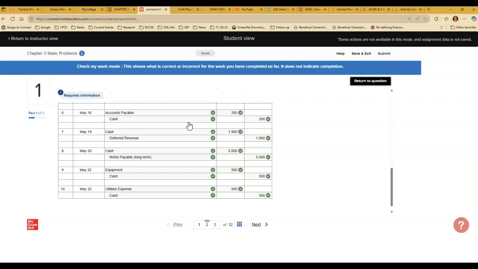Notes payable. What's going on with this notes payable every month? We're not paying anything monthly. Remember, this is a long term. This is what we call a balloon payment. So we borrowed the $5,000 today. 2 years later, we're going to pay back the $5,000. But in the meantime, interest is accruing.